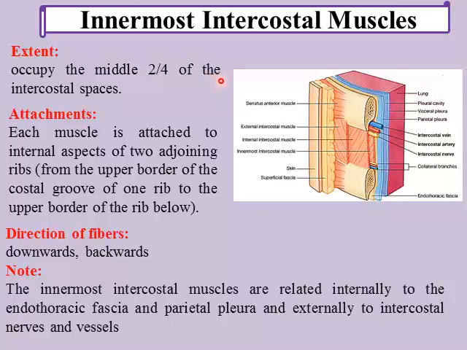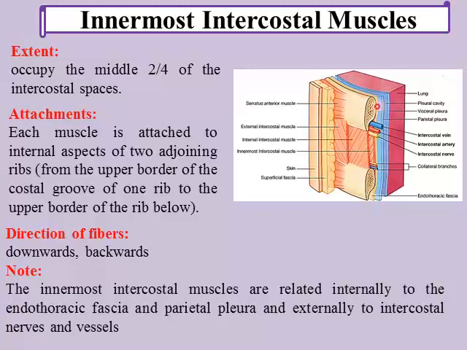If we divide the rib into four quadrants, the first quadrant anterior, the second and third in the middle, and the fourth near the vertebrae, it will occupy just the middle two-fourths, not from anterior to posterior. Okay, it is attached to the rib above and the upper border of the rib below.